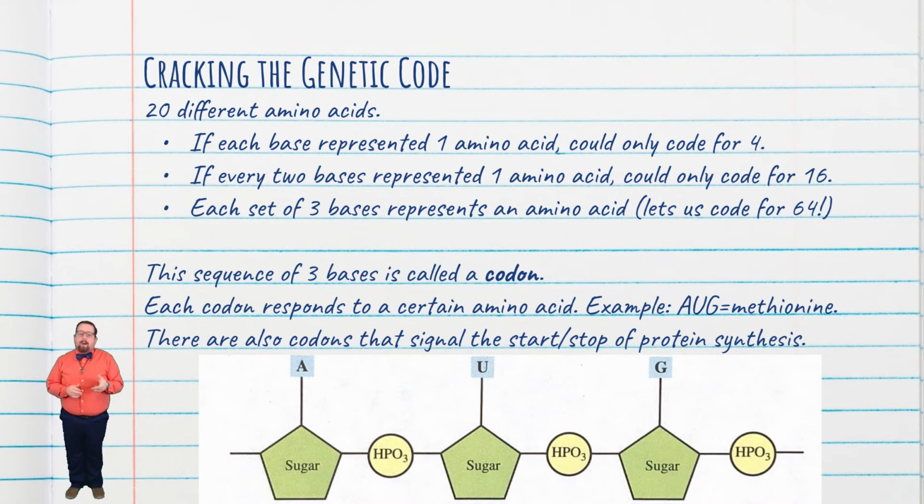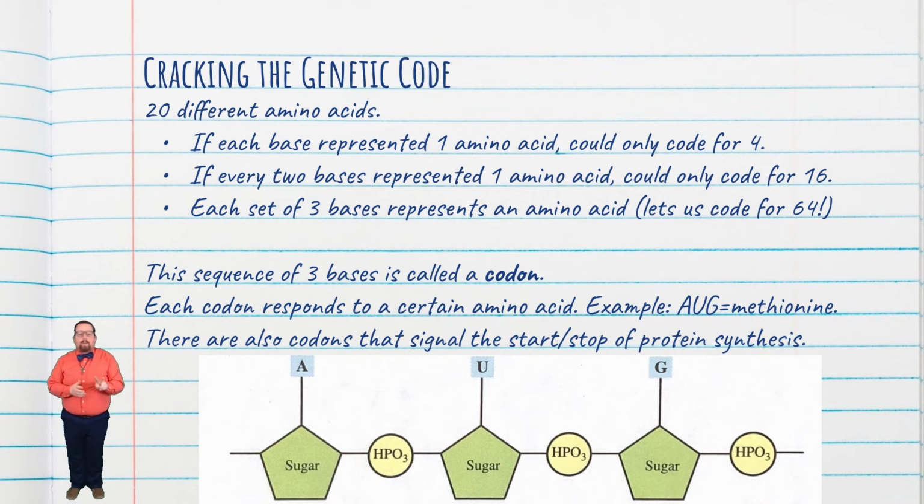If you remember, all proteins in the human body are made up of some combination of some of the 20 amino acids. The base sequence of RNA holds the code for the order in which those amino acids are bonded in a protein. There are only 4 bases, but there's 20 amino acids. So if each base coded for 1 amino acid, we can only have 4 amino acids, and that just doesn't work.